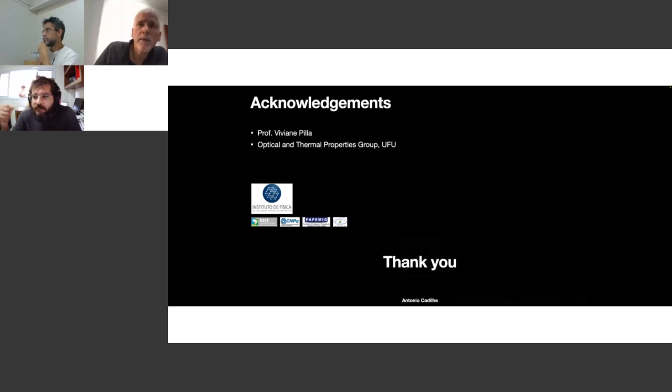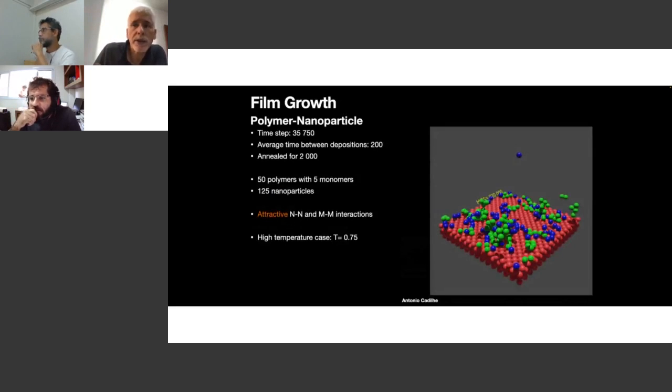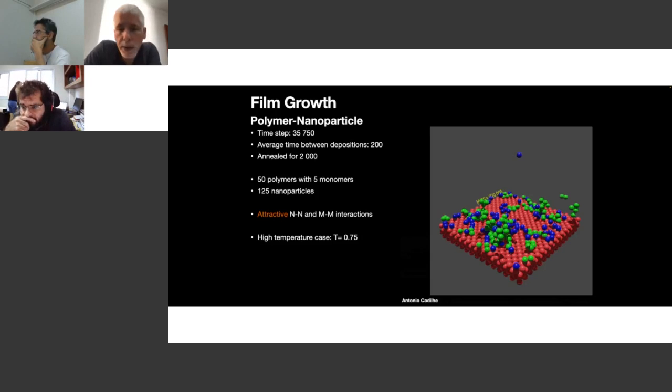They are depositing from the solution. In this case, the number of nanoparticles relative to the polymer is still too high from an experimental point of view. The interest is in smaller concentrations, so a smaller probability for them to attach to the substrate.